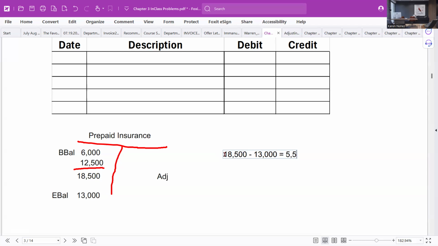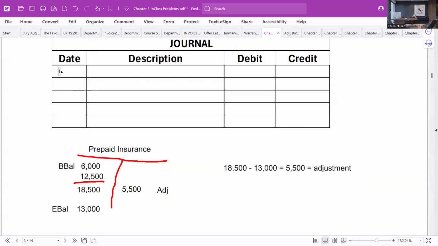We need a $5,500 adjustment. That's our adjustment, right? Because we need to take this account from 18,500 to 13,000. The difference between 18,500 and 13,000 is a $5,500 adjustment. That's how we get from 18,500 to 13,000.